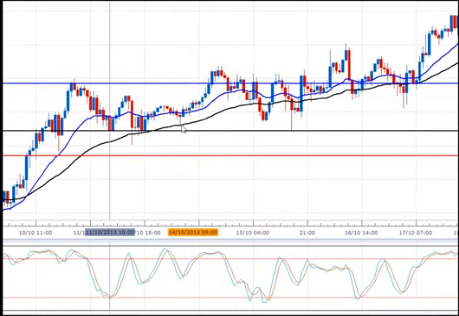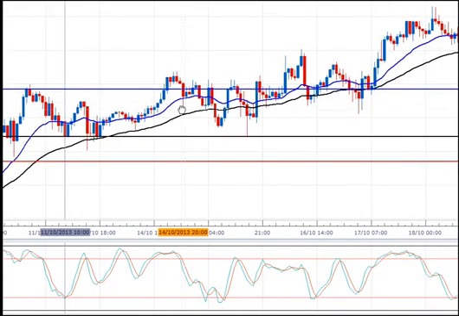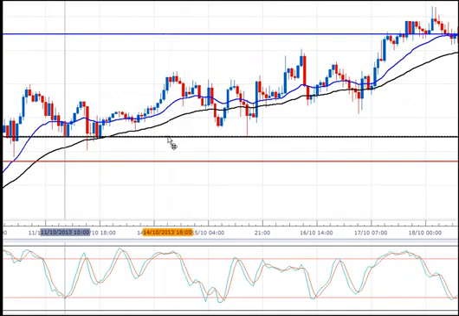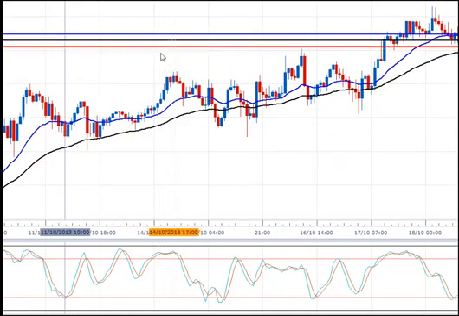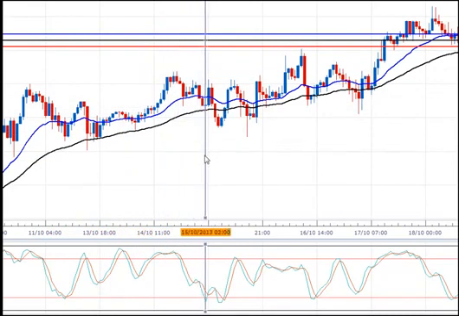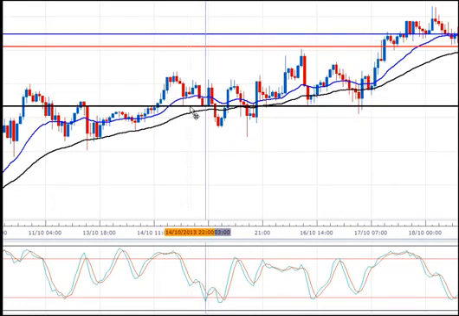Okay, since it's continuously trending, what we do is wait for the next chance to trade. So I take away this line first. As you can see, the price moves, and eventually you can see the stochastic hit this oversold zone here. At the same time, the price hits the so-called EMA. So we enter a trade at this point again.